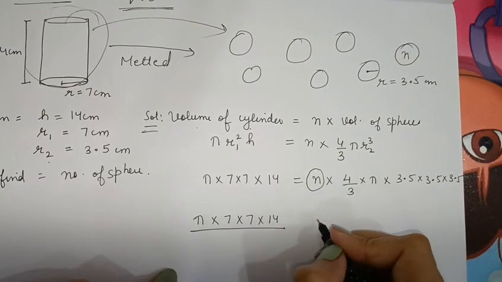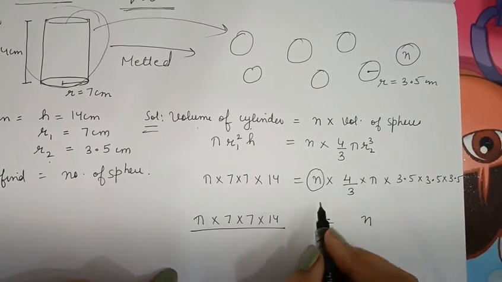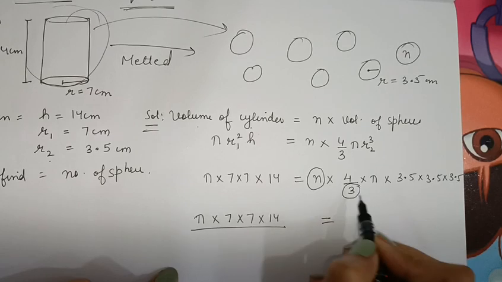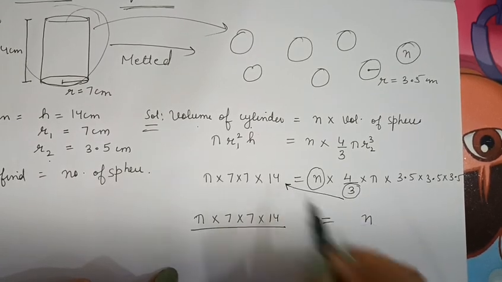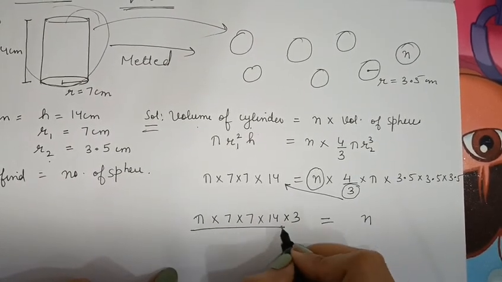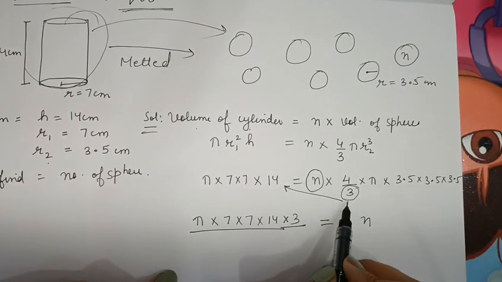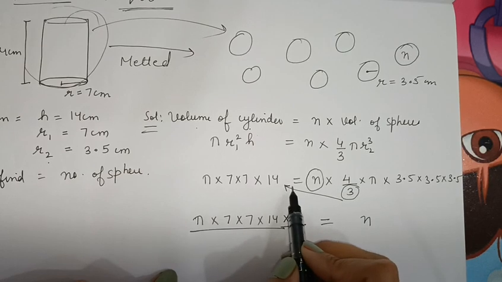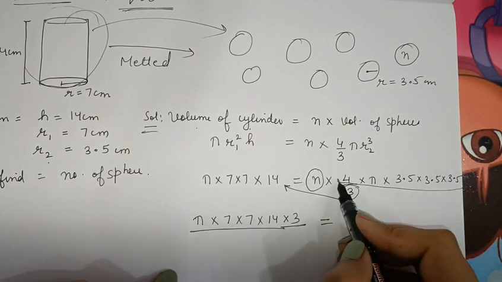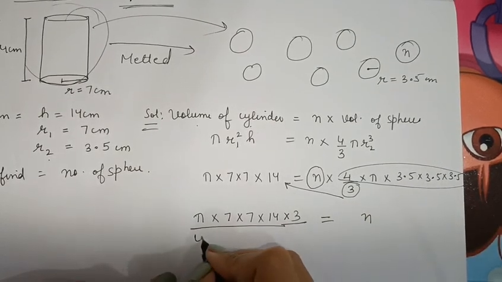Now n only I am writing on this side. Other things I am shifting to the other side. First of all, this 3 which is in the denominator will go up. When all the things are getting multiplied, this denominator, when you are changing its side, will go to the numerator, and all the numerators will go down.